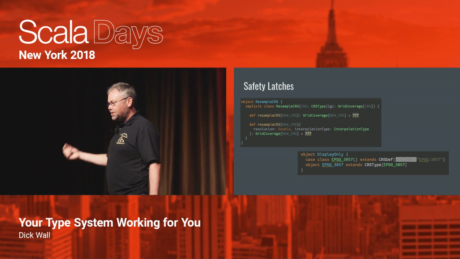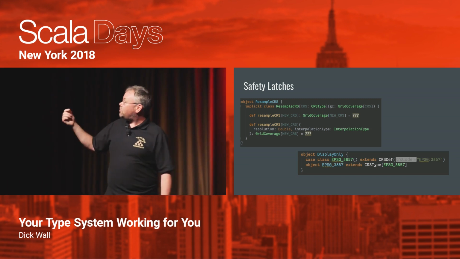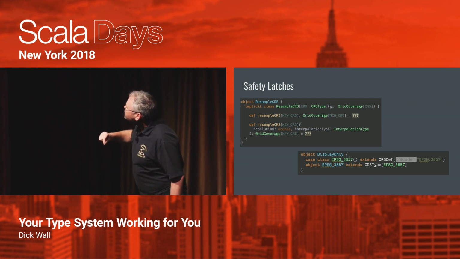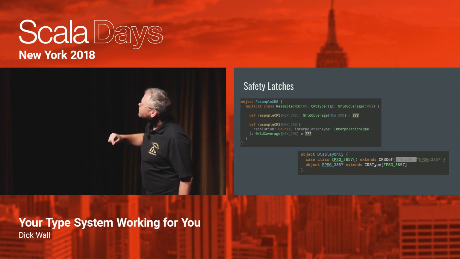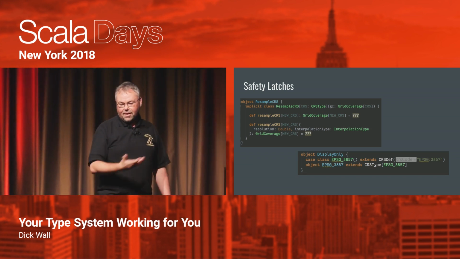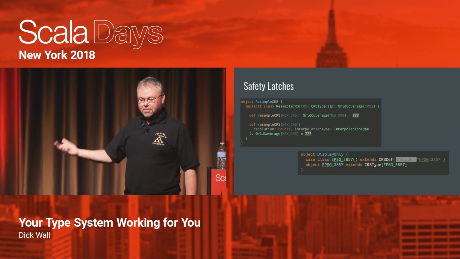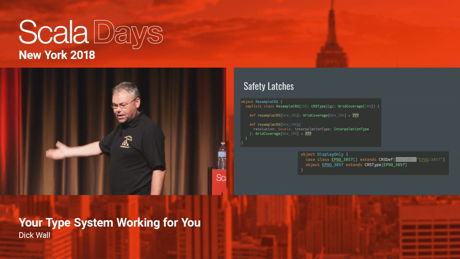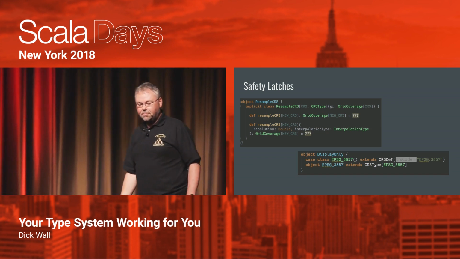Then, in order to resample something, you have to say import resample CRS._ And when you do that, you're then able to say .resampleCRS to some new CRS, or provide it with resolution and an interpolation that you want to use to resample it.